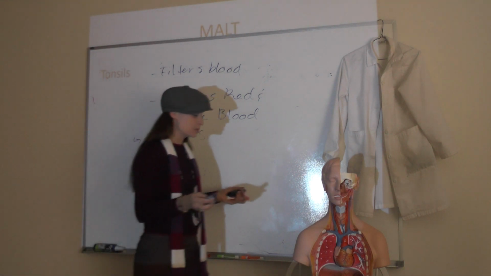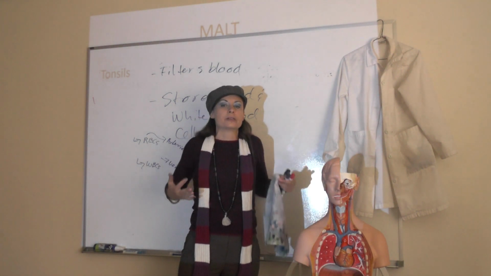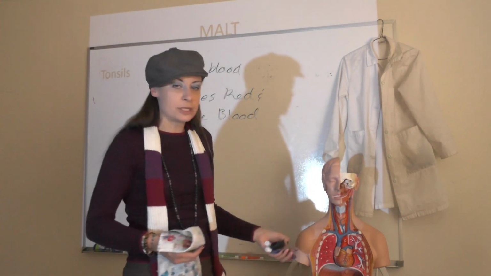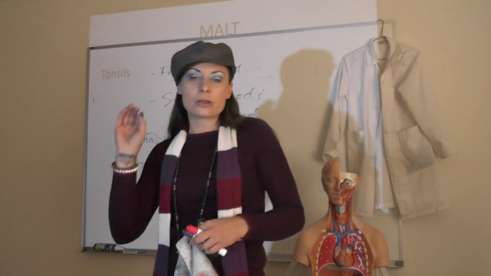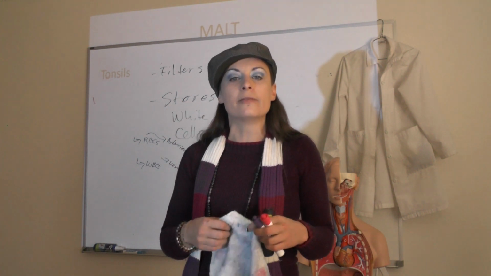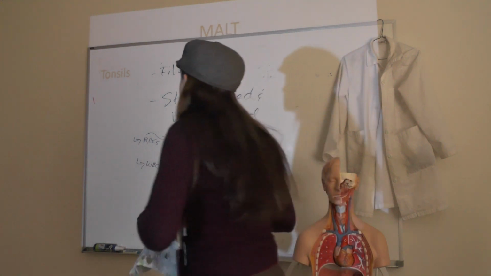Okay, the strange thing about lymphatic tissue is that it's kind of dispersed, and you can find lymphatic nodules all over the place associated with mucous membranes. And those nodules are like little clusters of lymphatic tissue, similar to lymph nodes, but just not quite as big and as highly organized.